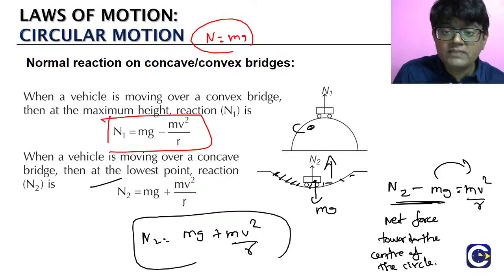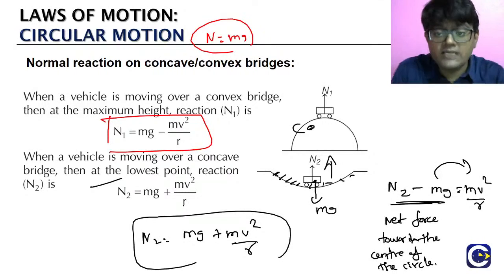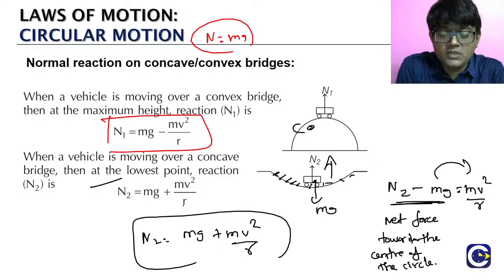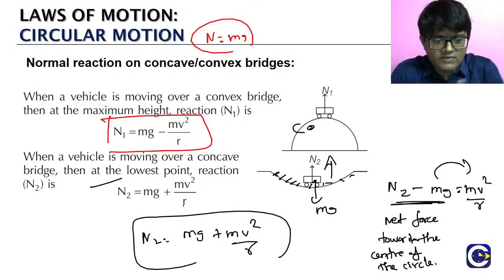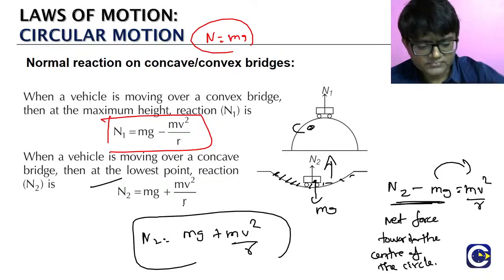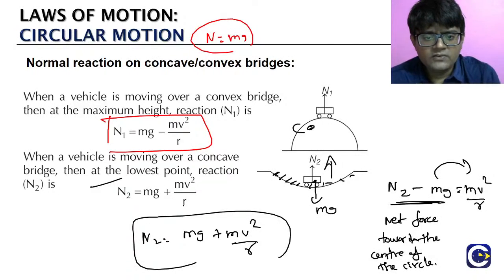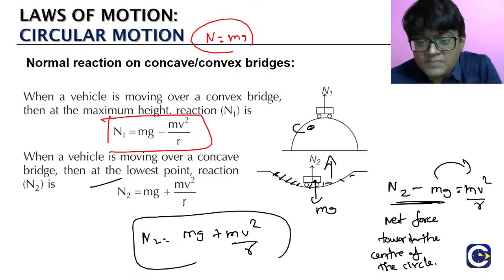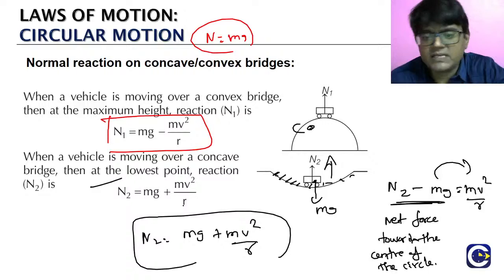We all perceive the normal reaction acting on us. So if you are standing on a car or something, you will always perceive the normal reaction acting on you as the weight. Okay, so this is about the feeling or the observation we have in terms of the perceived weight.